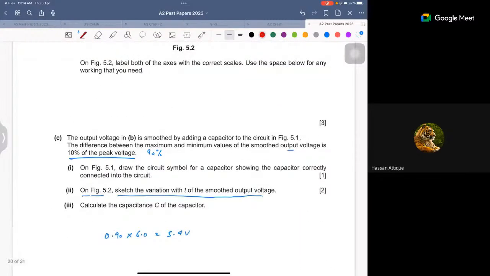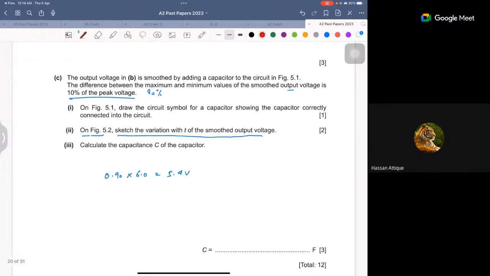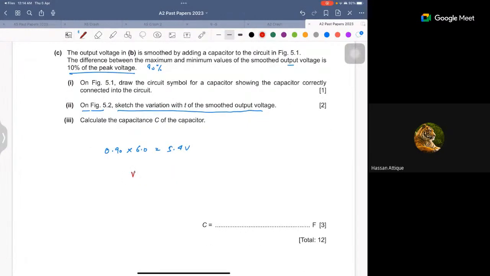Then it says calculate the capacitance of the capacitor. Okay, we can do that, no big deal. So V equals V naught e to the minus t over RC. This is how we find an exponential change. The drop was to 5.4, and basically the total was this, e to the minus the time it took.